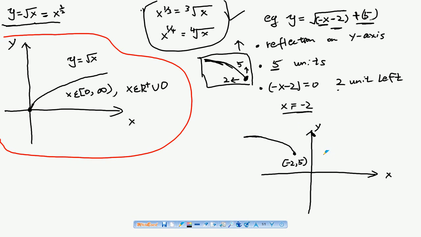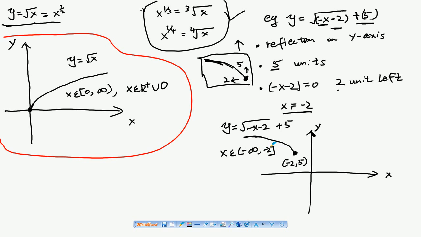From the graph we can say the domain is x belongs to, from minus infinity to minus 2.